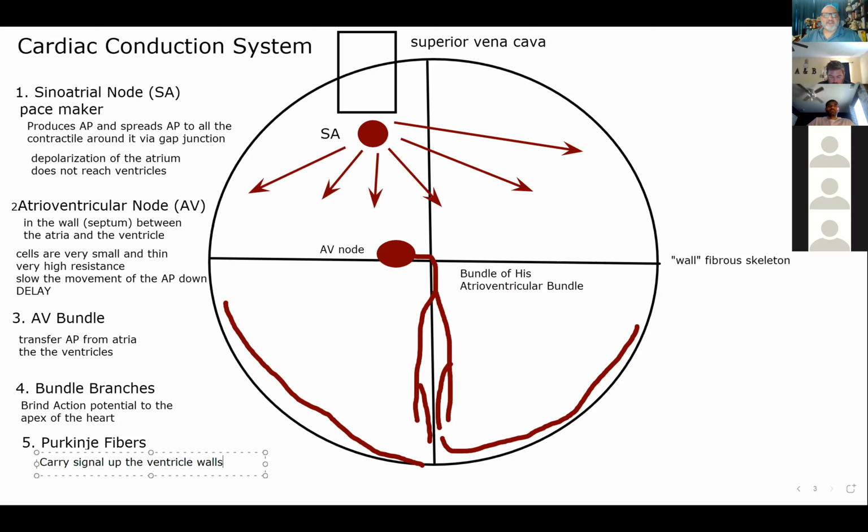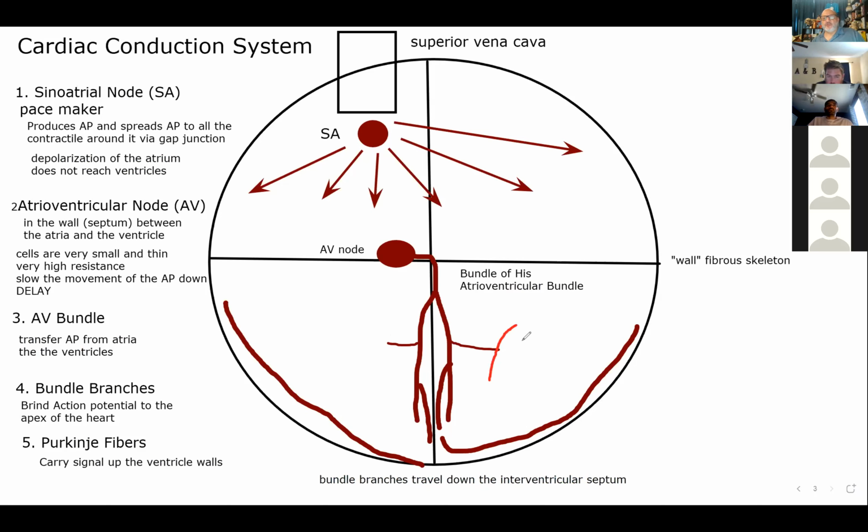Two more things I want to add to this. The first is that while these signals are traveling down the interventricular septum, the big muscular wall that is down the center of our heart between the two ventricles, there are some small offshoots off of this that will actually go to those papillary muscles.